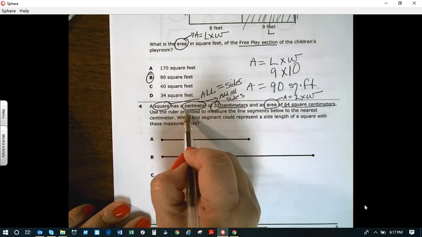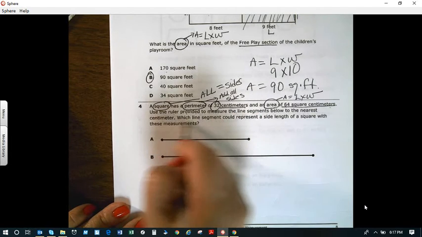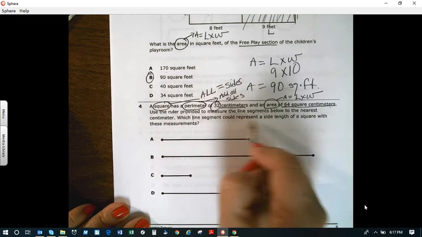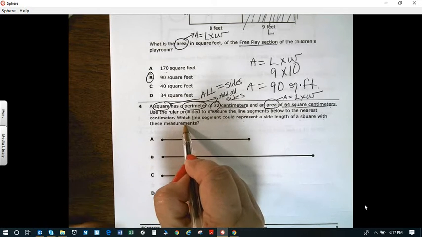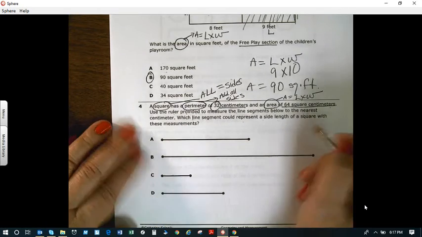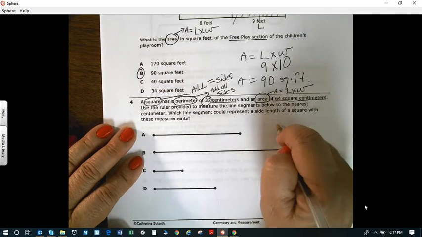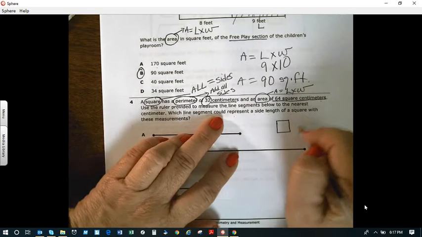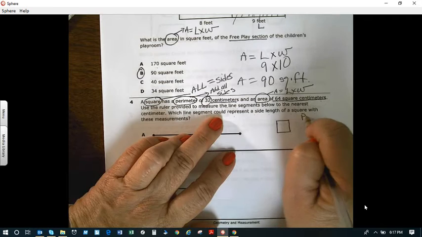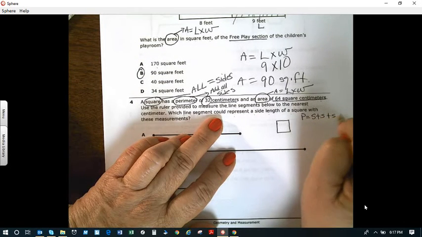Use the ruler to measure the line segments below to the nearest centimeter. Which line segment could represent a side length of a square with these measurements? Okay, so now let's come through. I'm going to draw a square. And I said that the perimeter is side plus side plus side plus side.